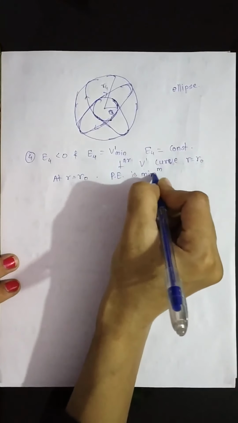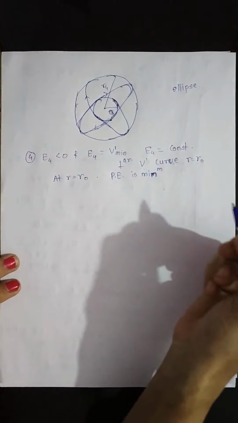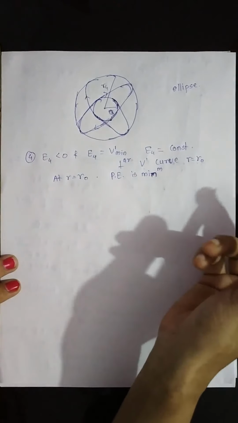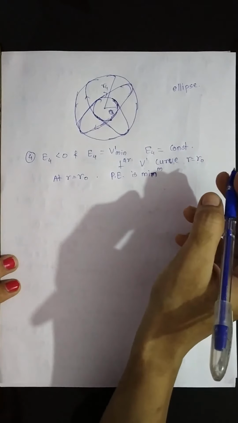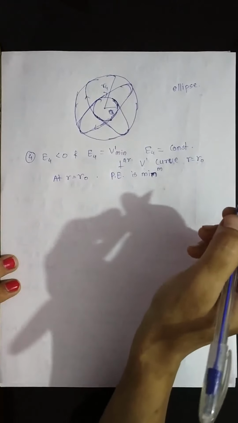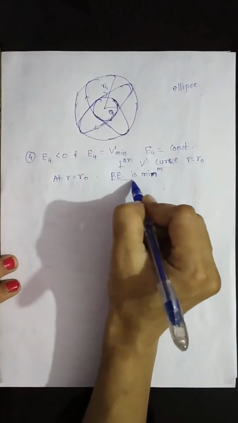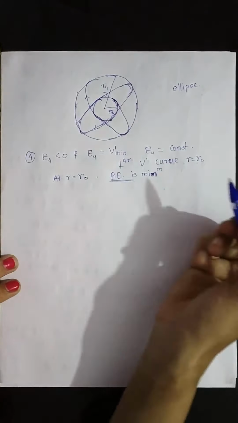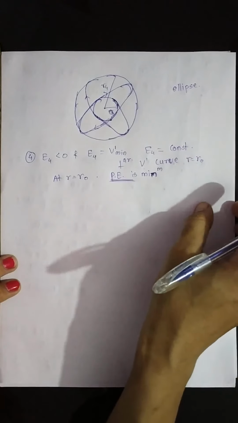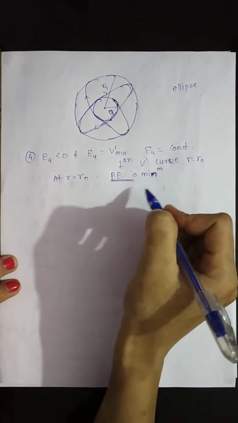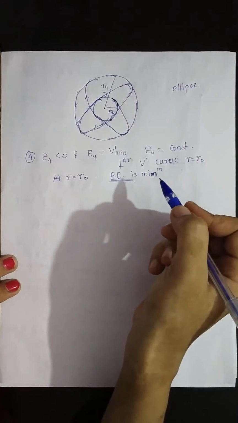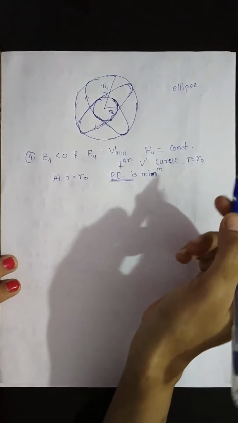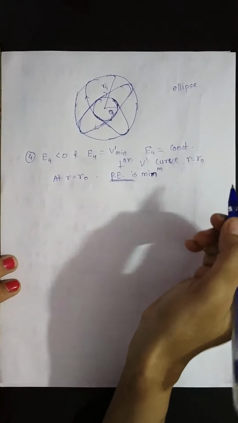Again, the reason is the same. You have to satisfy the equation T equals E minus V, or total energy equals kinetic energy plus potential energy. Now if any function is minimum, then, as we have already discussed in mathematics, to find the minima of any function we equate its derivative to 0.